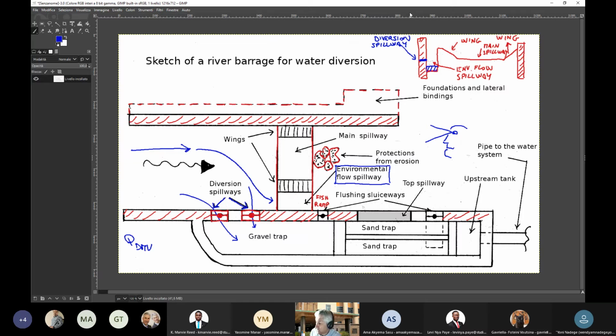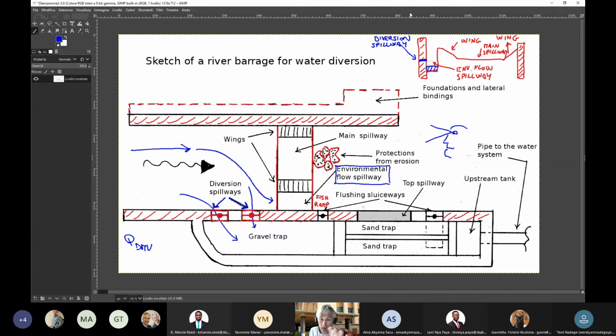Very good. And now, why is the main spillway placed at a higher elevation with respect to the diversion spillway? Because of course, I don't want any water to flow downstream unless I first release the environmental flow, second, take the diverted flow.